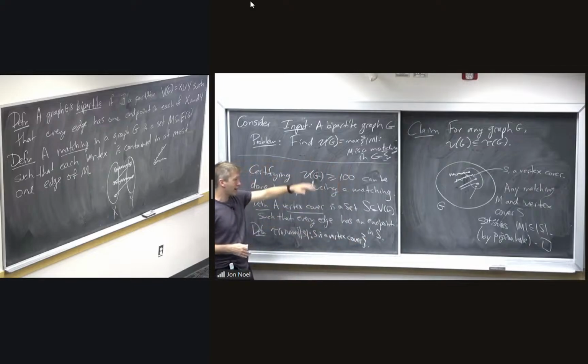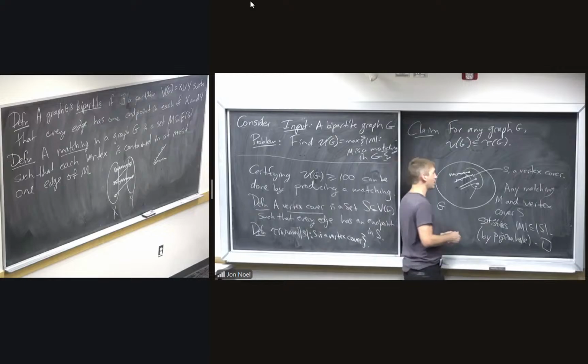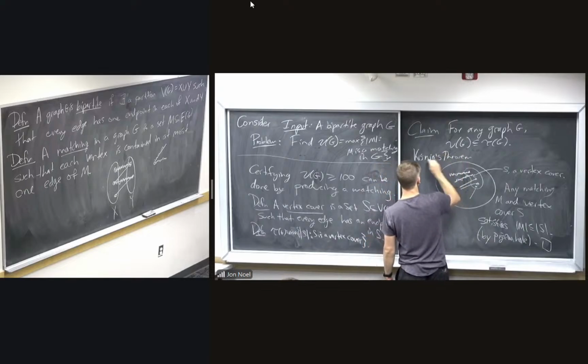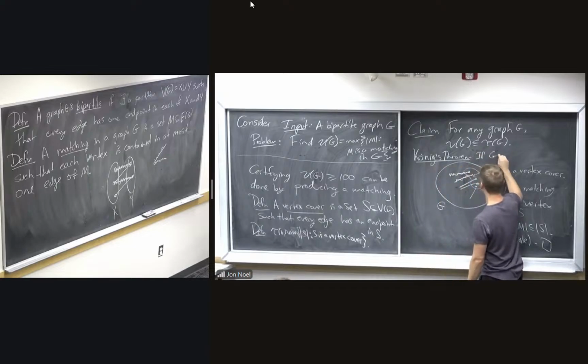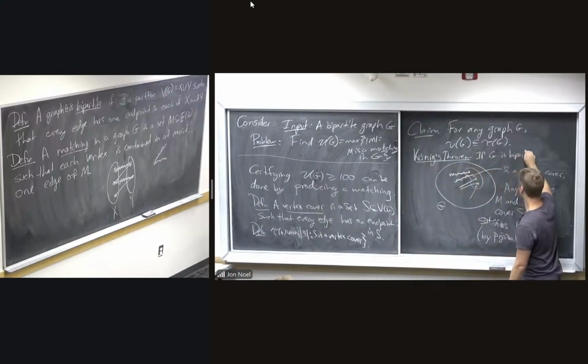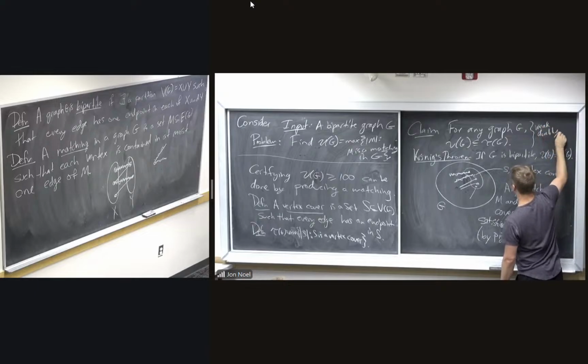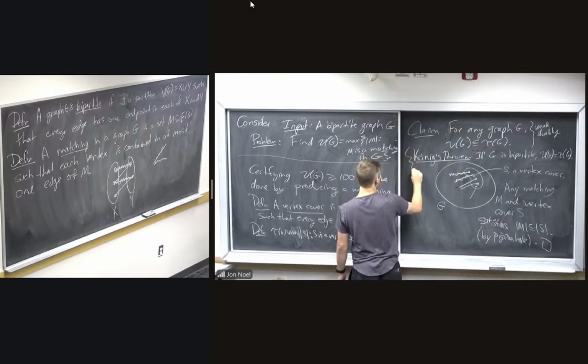For all graphs, the relationship is an inequality, but then there's this amazing theorem called Koenig's theorem, which says that if G is bipartite, then nu of G equals tau of G. So this I could think of as a sort of weak duality, and this as a strong duality.